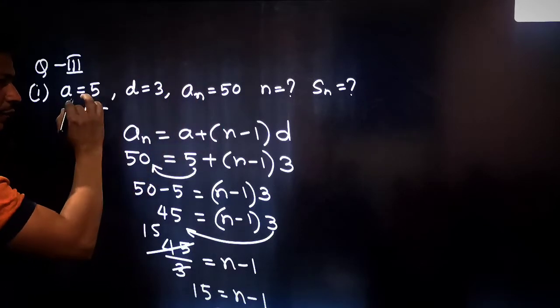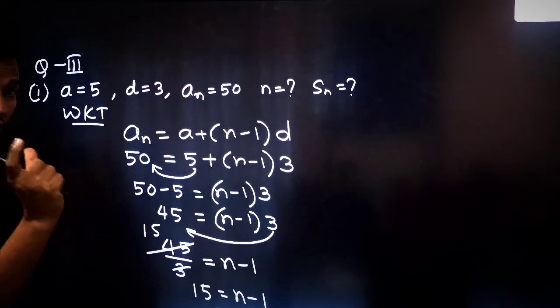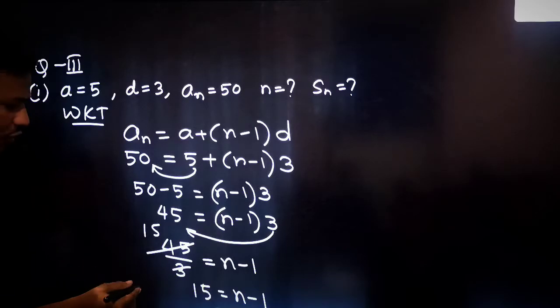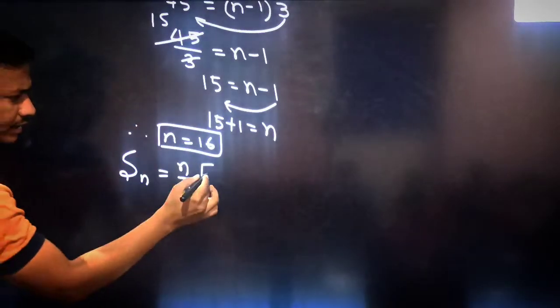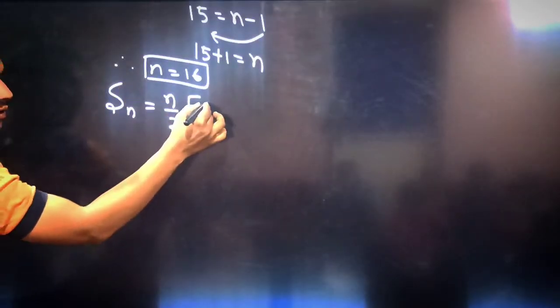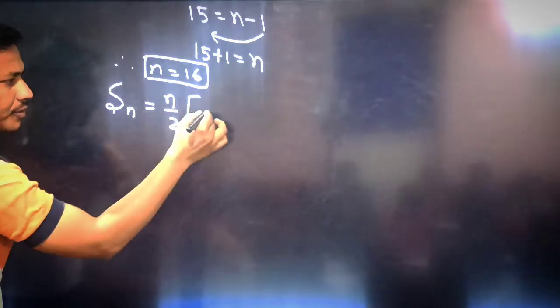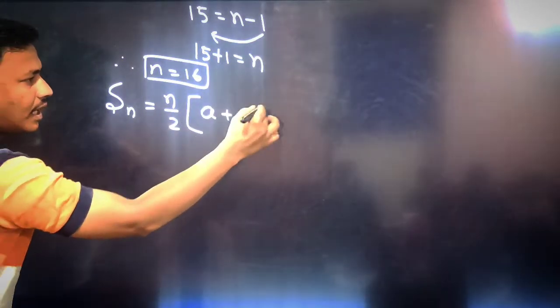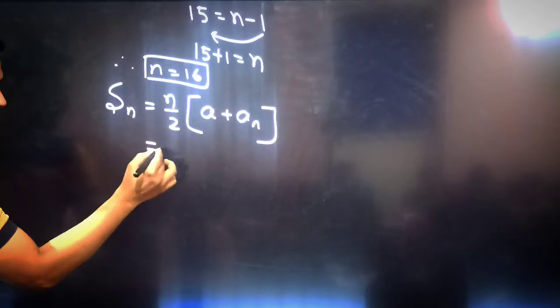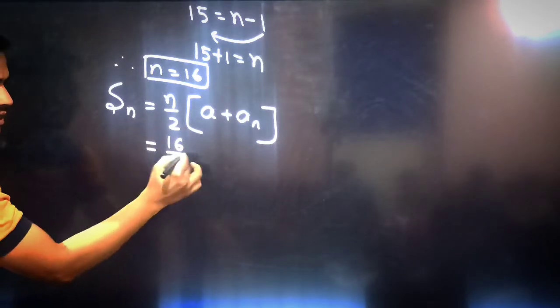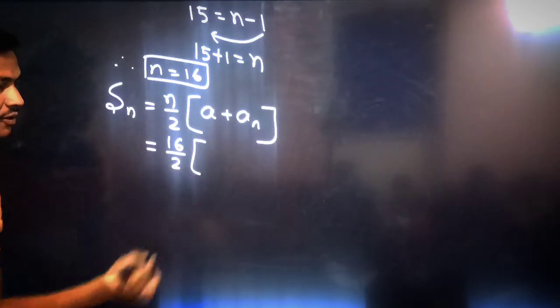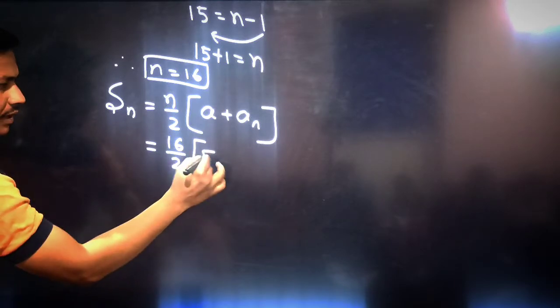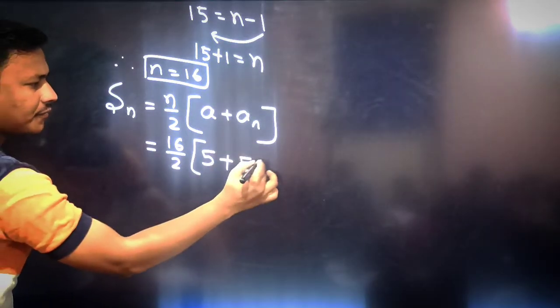When we know the first and last, we use the small Sn formula. What is the small Sn formula? Sn is equal to n by 2 in bracket a plus an. This is equal to: what is the n value? 16. What is the a value? 5. What is an? 50.